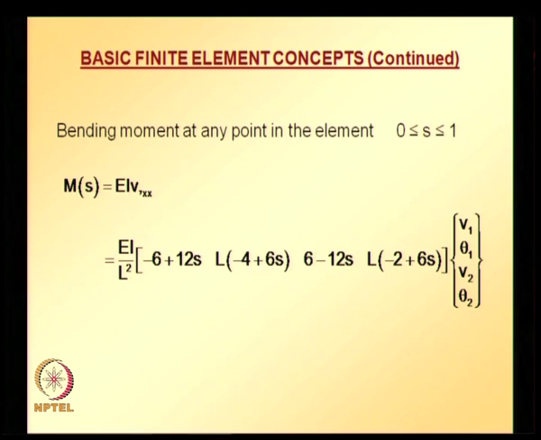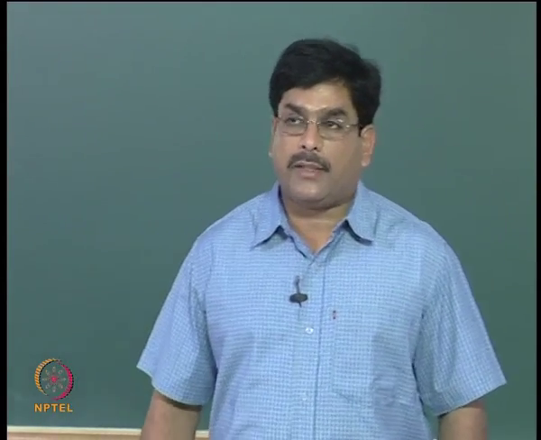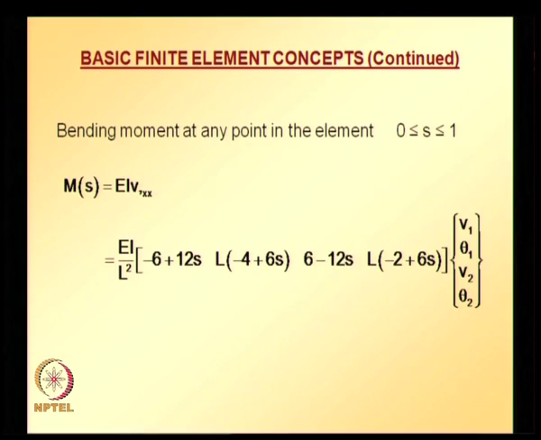Please note that the second derivative of V with respect to x is nothing but B transpose D. So we get bending moment at any point in the element by sweeping from S equal to 0 to S equal to 1. If you look at this equation, it is linear in S.